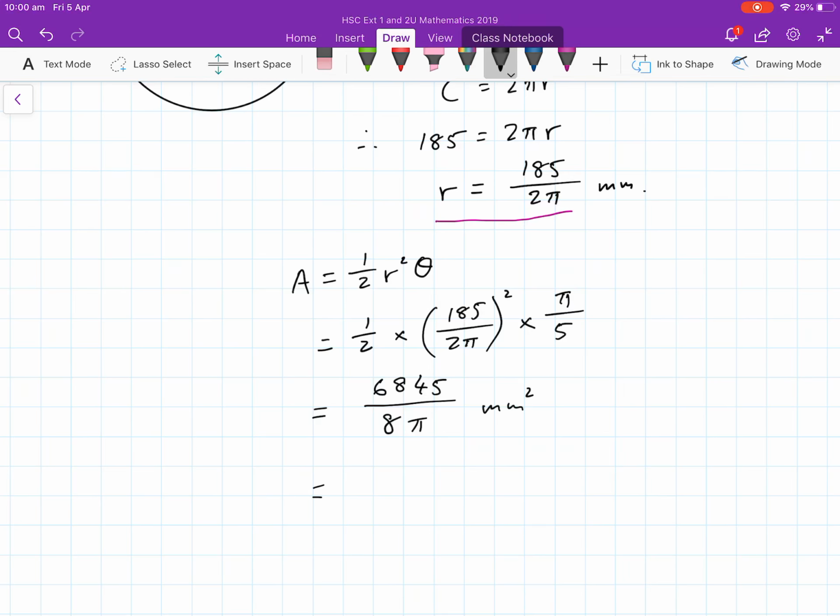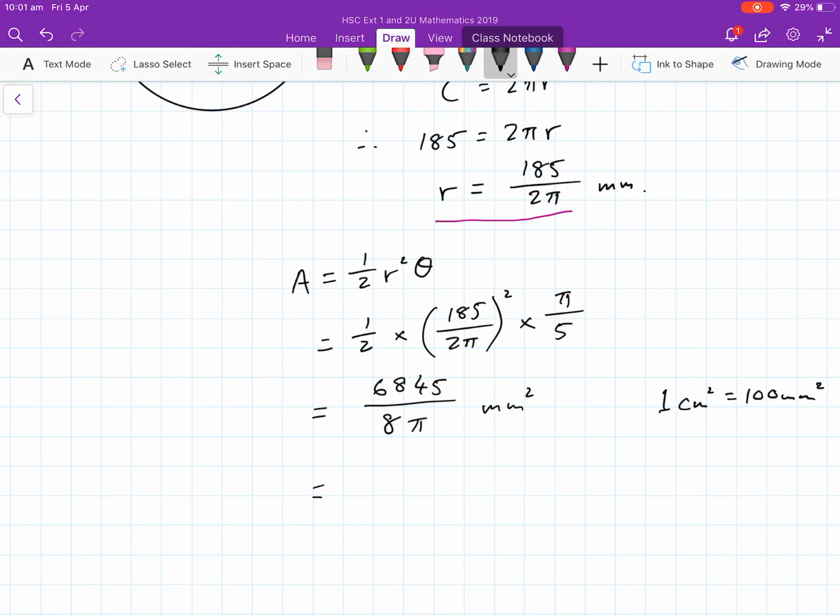If we remember correctly, 1 square centimeter equals 100 square millimeters, because 1 square centimeter is 10 mil by 10 mil. So I divide this by 100, but then that's not so great. So let's just find what that is approximately.